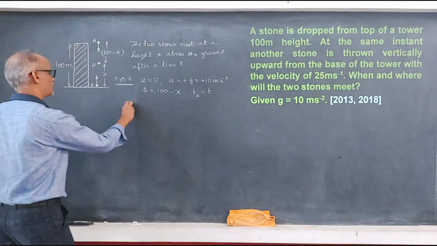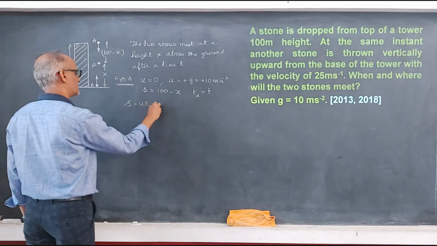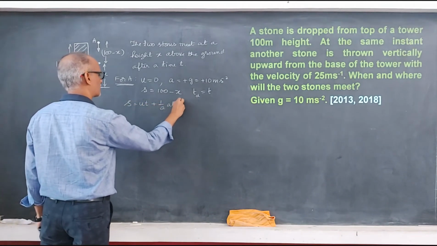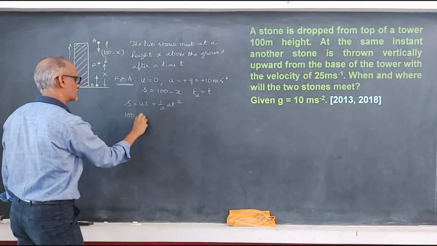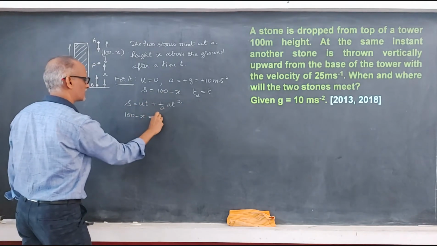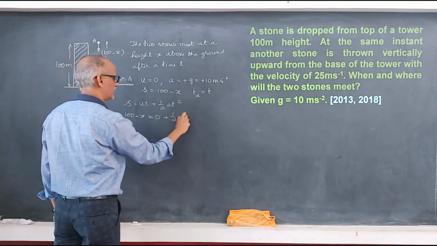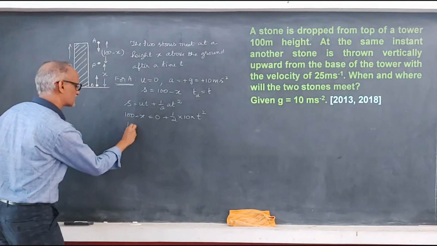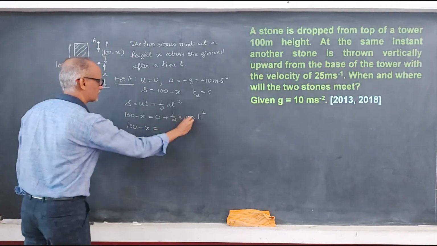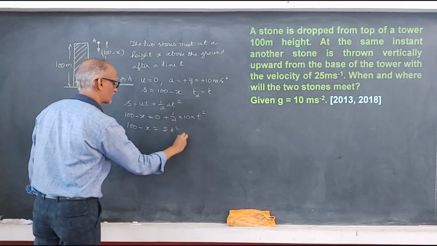The equation that I have to use is s is equal to ut plus half at square. The value of s is 100 minus x, that's equal to 0 plus half into a, which is 10, t we don't know. So 100 minus x is equal to 5t square.